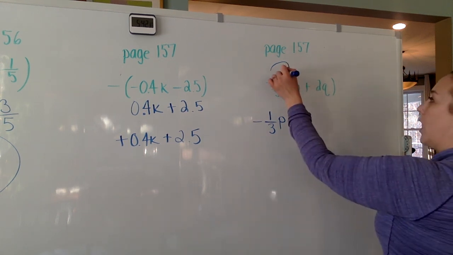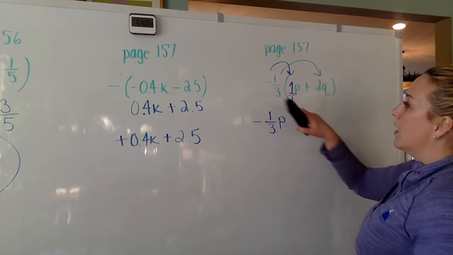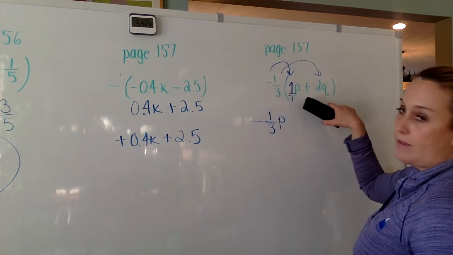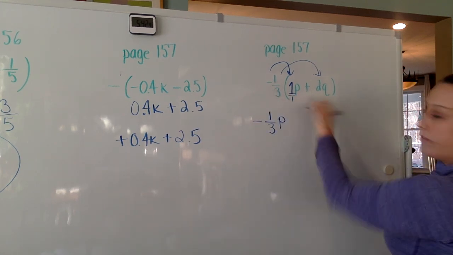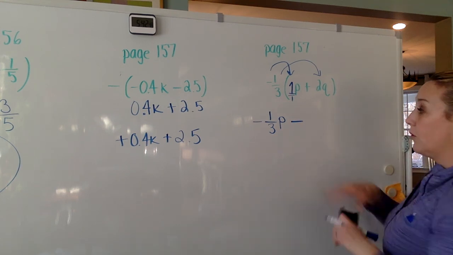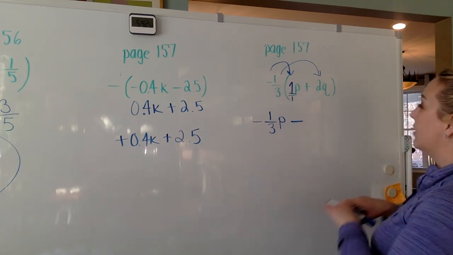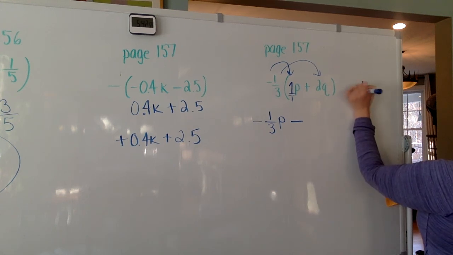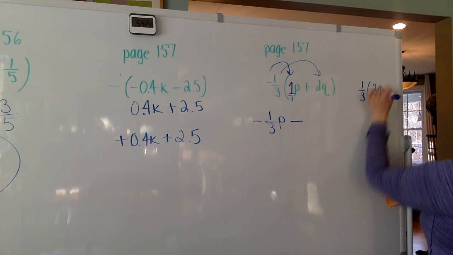Now we've got to distribute our fraction outside of the parentheses to our second term. Negative times a positive is a negative. So notice I'm putting my signs in so I don't forget it. Then I'm just going to do straight up regular multiplication. 1/3 times 2Q.